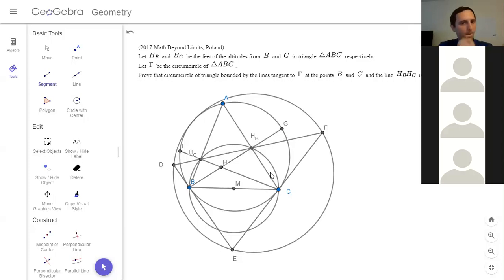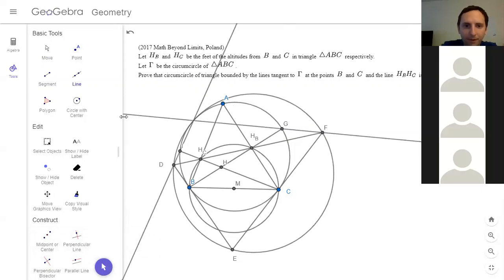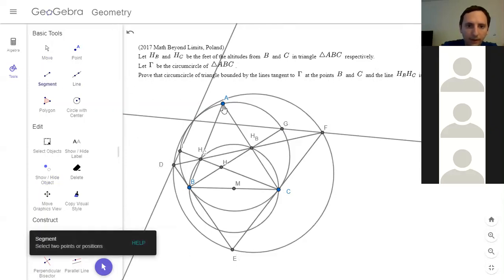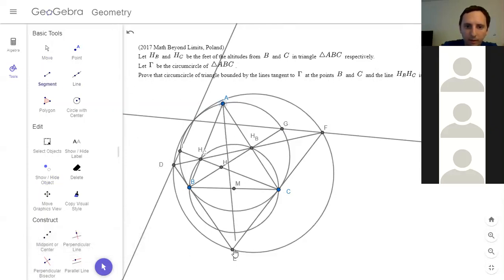I think DI, the tangency point, and the tangency point GF are collinear. Okay, interesting. They are. So basically IG is parallel to DF. Can you let AE cut the same circle again? Yeah, AE.